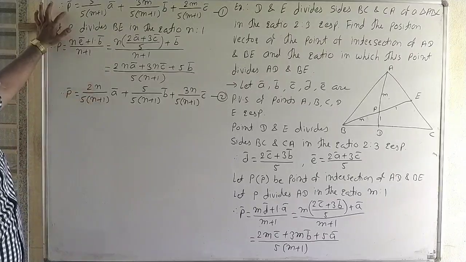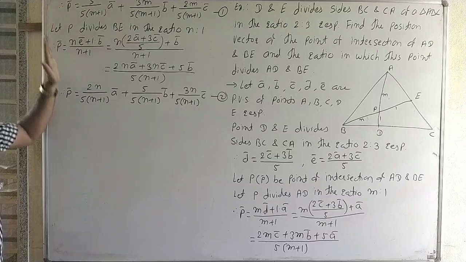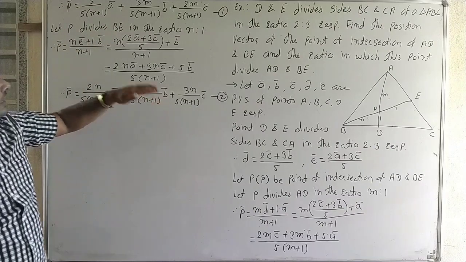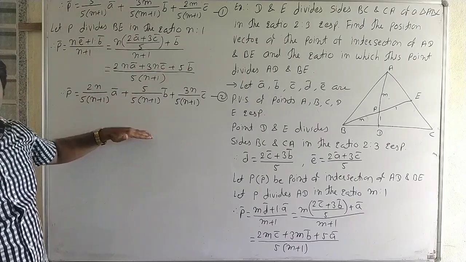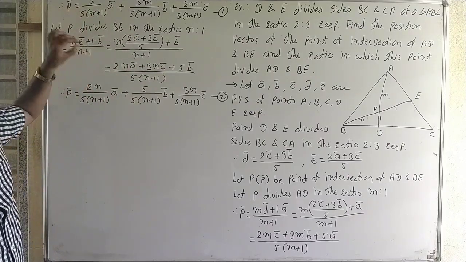Now equation 1 and equation 2 represent the same point. It is a position vector of p bar, it is also position vector of p bar. Therefore compare the components of the two vectors. These two vectors represent same point.